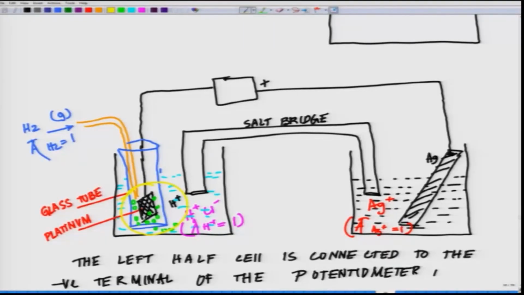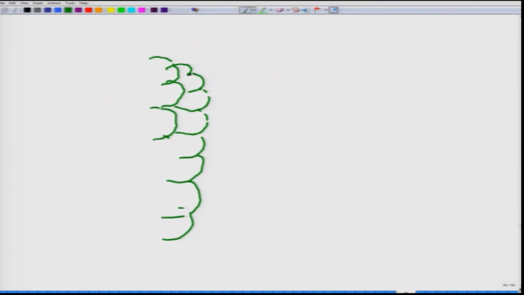Now, what I am going to draw is what is happening on the platinum surface. It is something like this. I am using the green color to show the atoms of the platinum on the platinum electrode. Okay. So, this is the platinum surface, all in green. These are the atoms on the platinum surface.